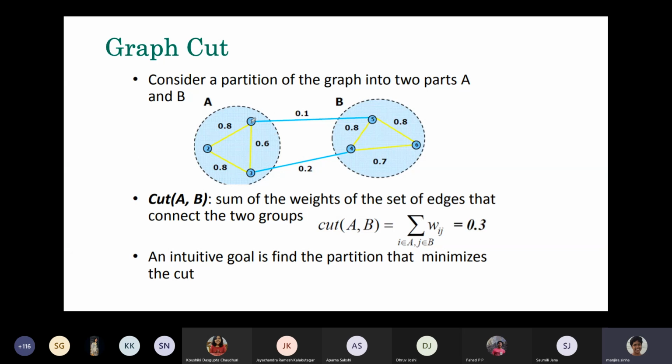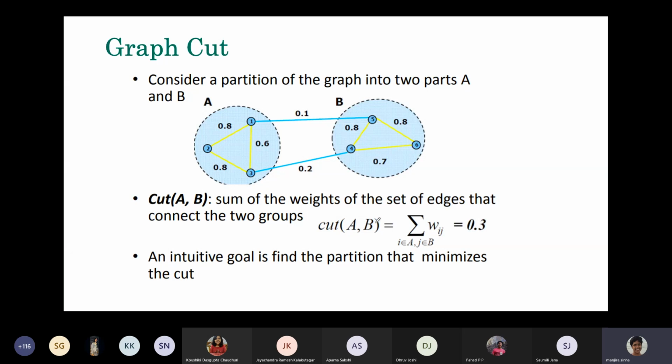That means the edges 1 and 5 and 3 and 4, because these two edges are connecting the parts A and B, and not all these other yellow color edges. So what is the sum of the weight of the two edges? 0.1 plus 0.3 is equal to 0.3.